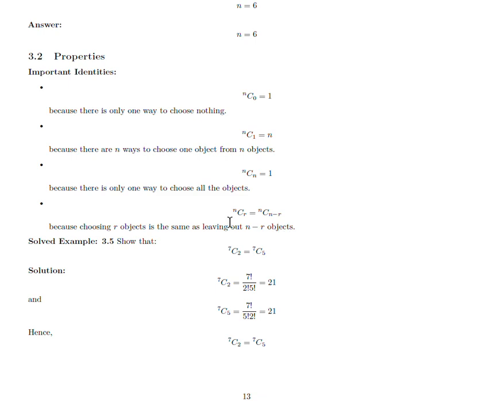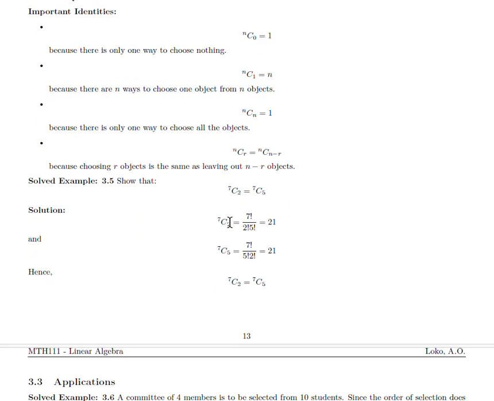Very true. Next, show that 7 combination 2 is equal to 7 combination 5. That's what we just saw here, which this example makes clearer. 7 combination 2 is 7 factorial over 2 factorial into 7 minus 2 factorial. 7 minus 2 factorial is 5 factorial.